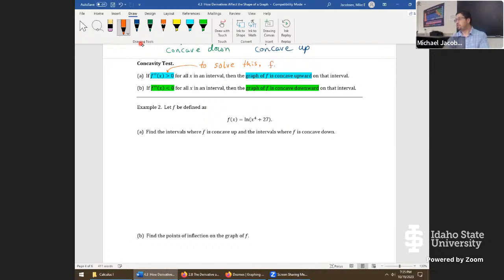That means first, solve f double prime of x equals 0. That's analogous to the critical number step. In fact, we are finding a critical number, but it's not a critical number to f. It'd be a critical number to f prime instead. So that's our first step. That means we have some derivatives to calculate. This one's a chain rule. We'll do the natural logarithm first. That's the outer function.